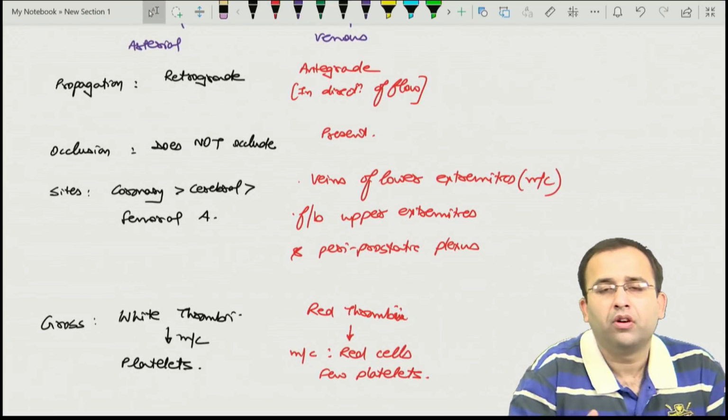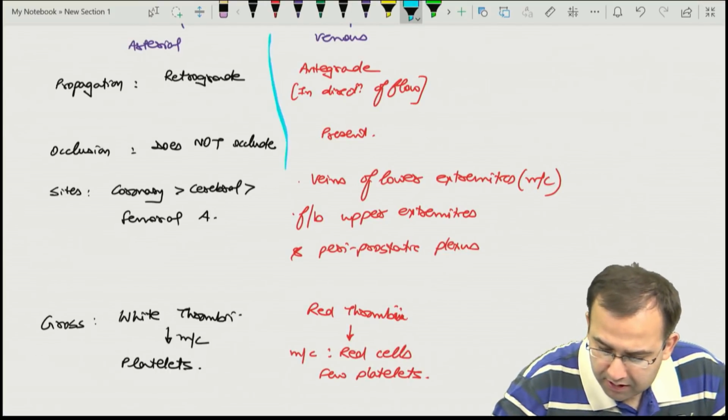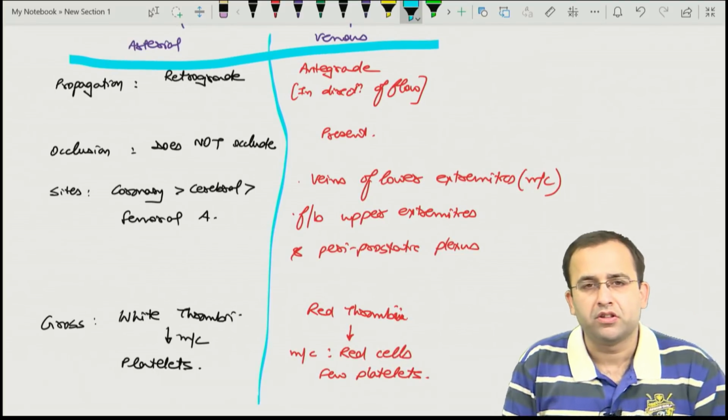This table is important, arterial versus venous thrombi.